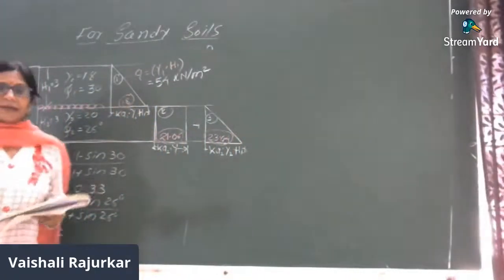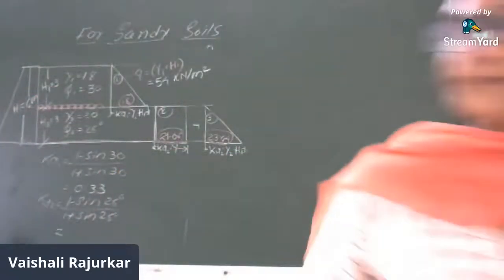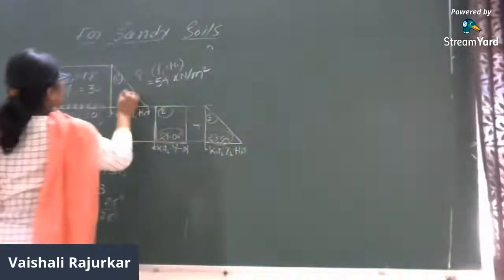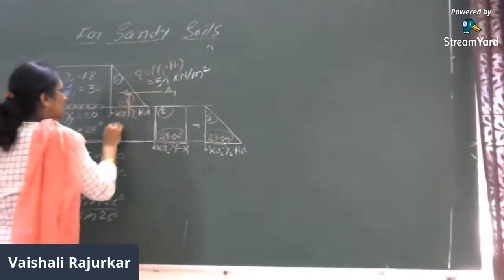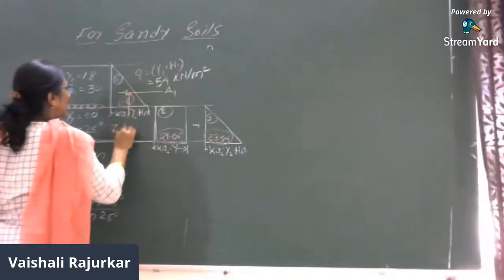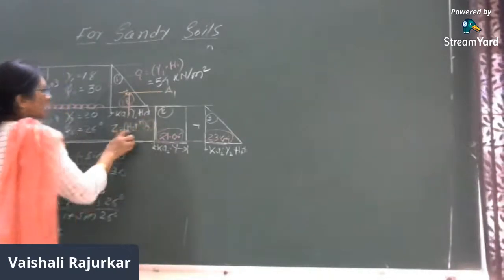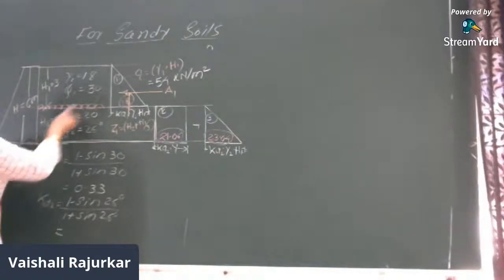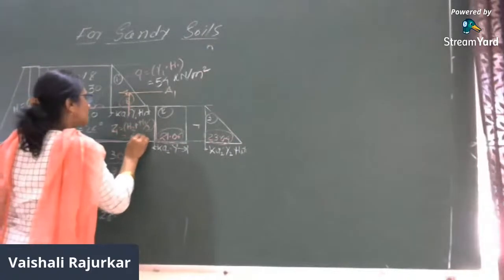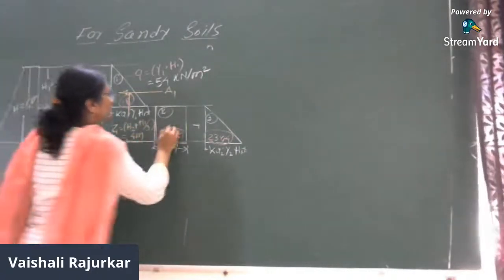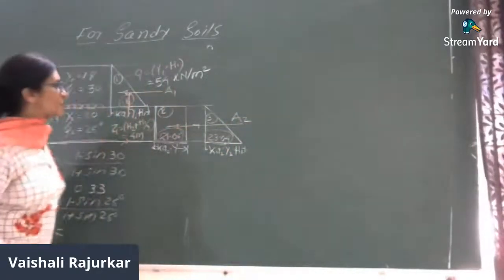Now, at which distance will the resultants act? Here we will consider this as PA1. The area A1 acts at distance Z1, which will be H2 plus H1 by 3. H2 is 3 meters and 3 by 3 is 1 meter, so it will be 4 meters. Then there is A2, the area of the second pressure distribution diagram.